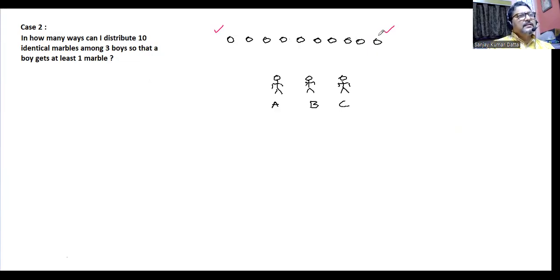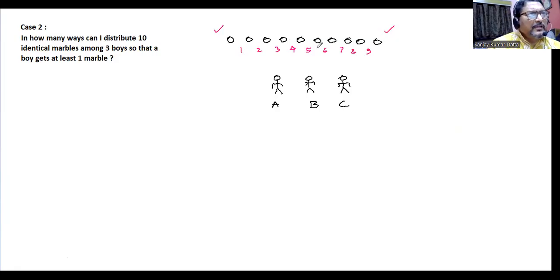So we will say there are 10 marbles. So the total number of vacancies, including the extremities, will be 11. But both of these are gone, na? They are not there. So now the number of vacancies will be 9. See, 1, 2, 3, 4, 5, 6, 7, 8 and 9 vacancies.